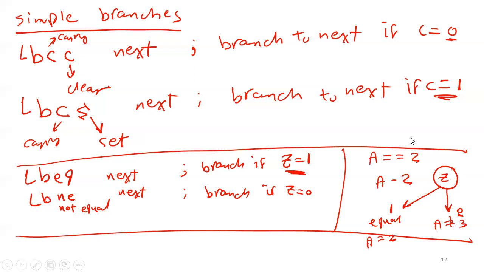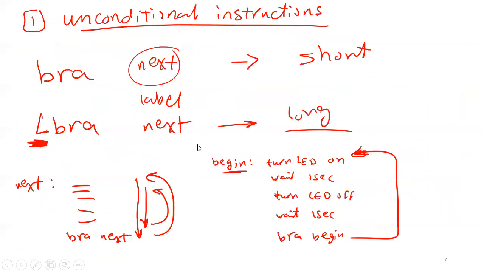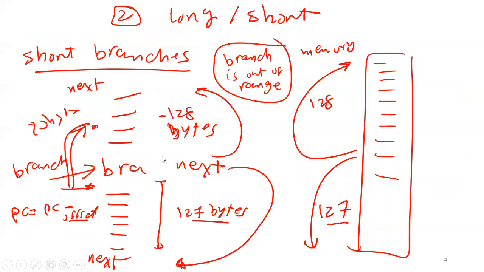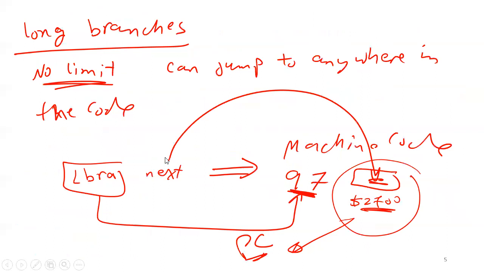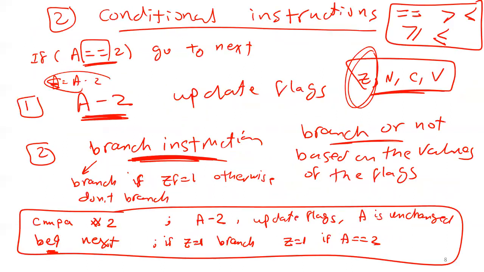Before I move forward, let me quickly summarize what I said. I told you in assembly, in order to do conditions, we are going to use two instructions. One is compare, in order to set the flags.